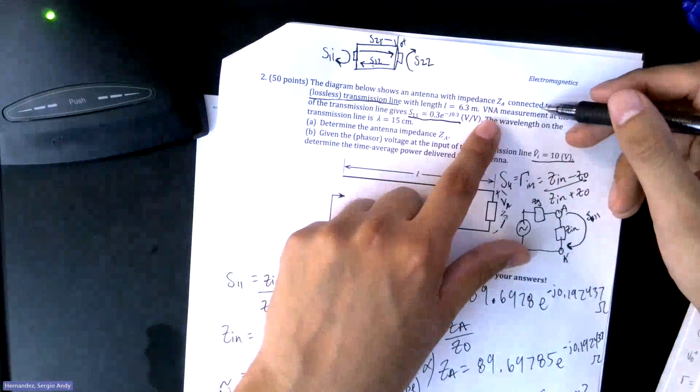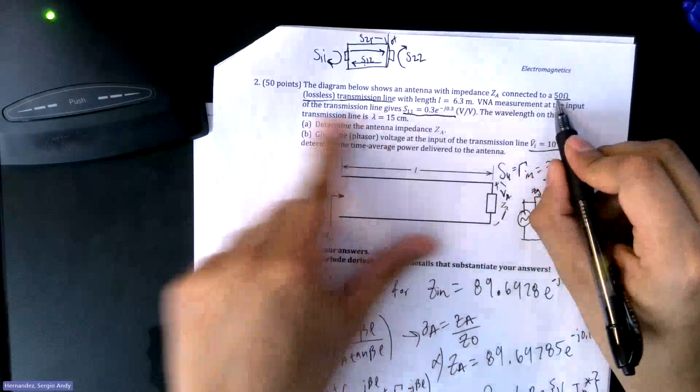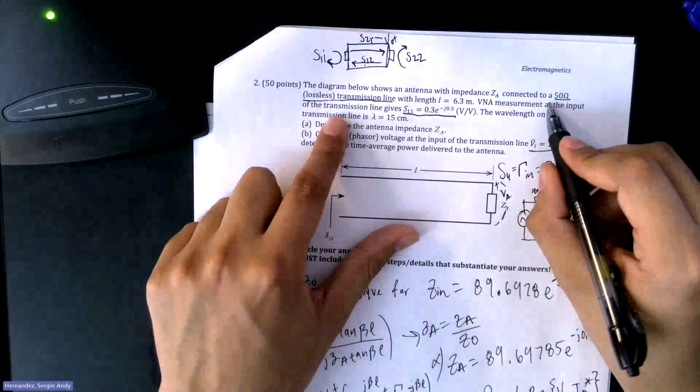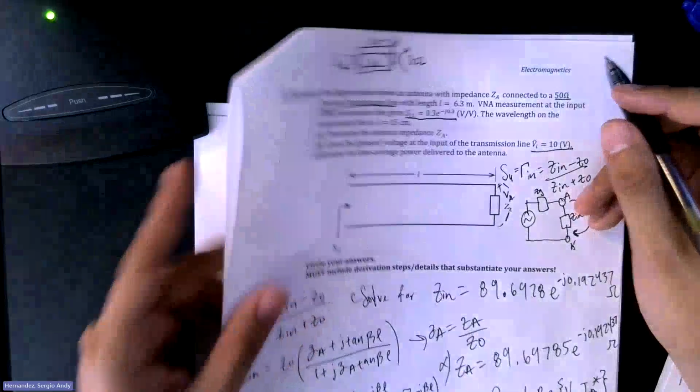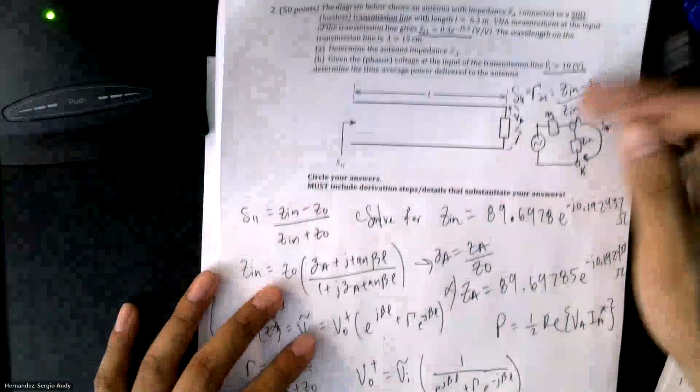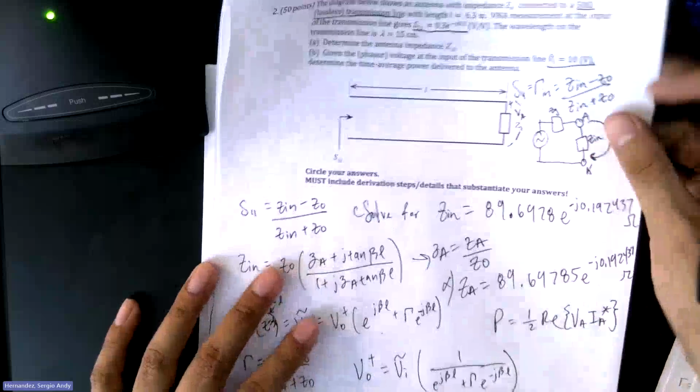So you see right here when it tells you it's connected to a 50 ohm transmission line, that's your characteristic impedance for the line. It'll be important later on. Don't worry.